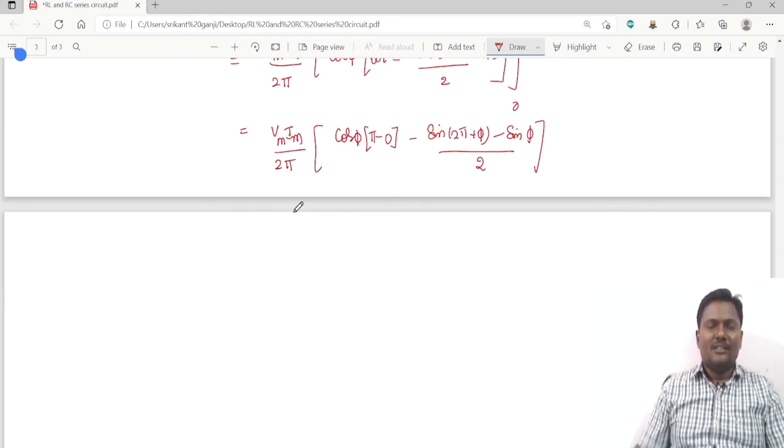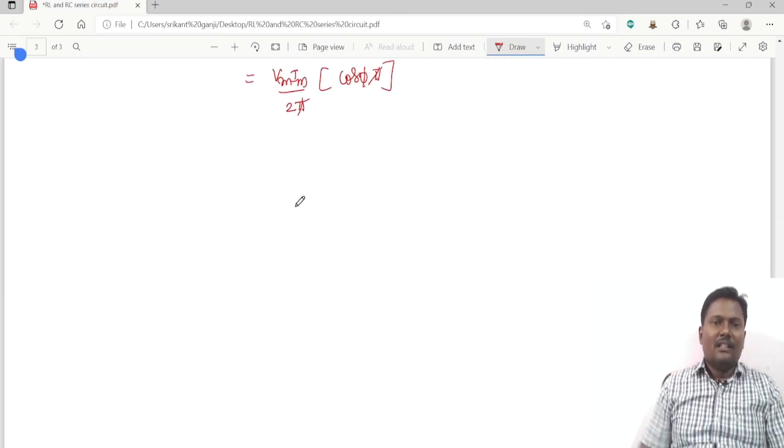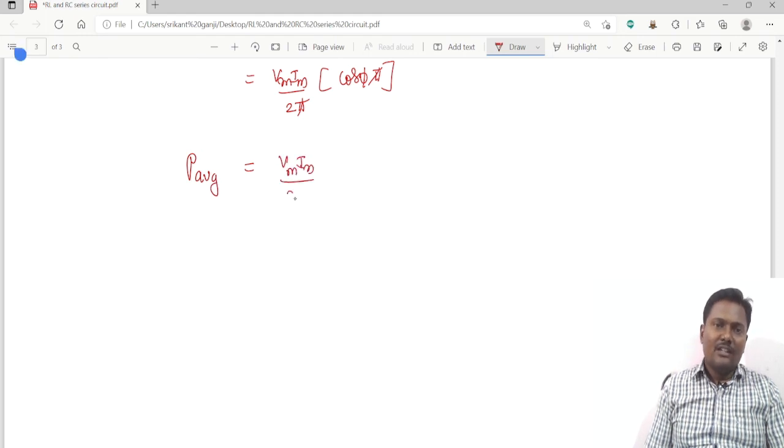If you observe, this term is 0 because sine of 2 pi plus phi is sine phi, minus sine phi, this value is 0. Then Vm Im by 2 pi, cos phi into pi. Pi will be cancelled. Then I am getting the average power Vm Im by 2 into cos phi.